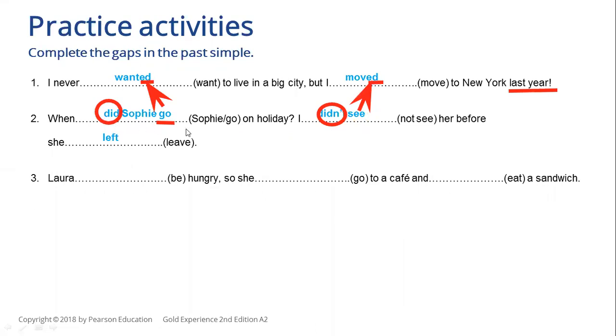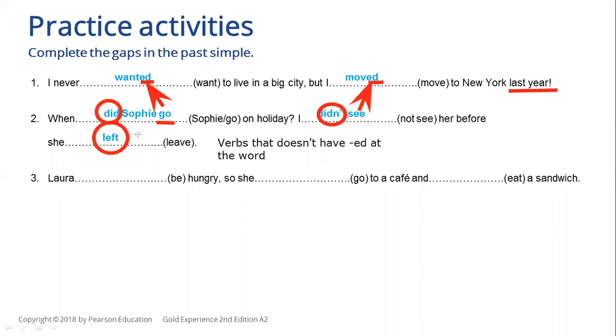When did Sophie go on holiday? I didn't see her before she left. This is an irregular verb. So what is an irregular verb? Irregular verbs are the verbs that don't have ed at the end of the word, okay?